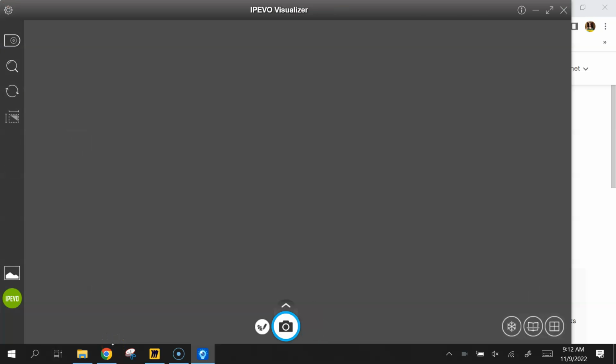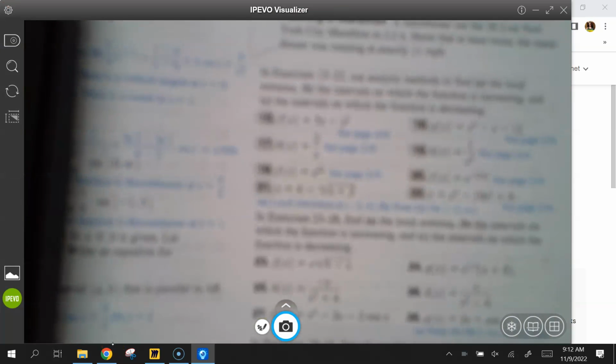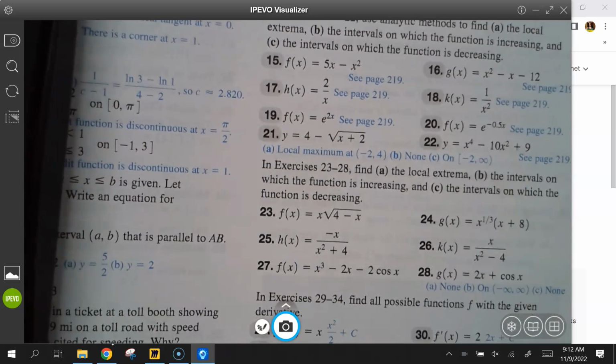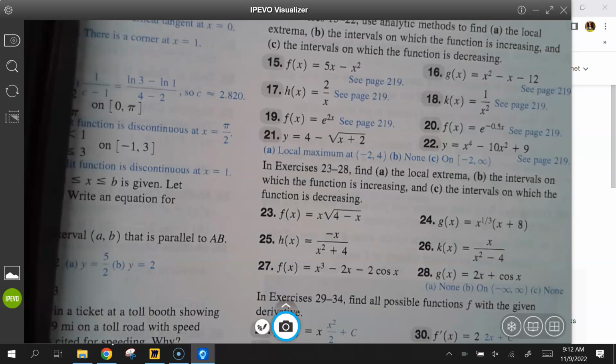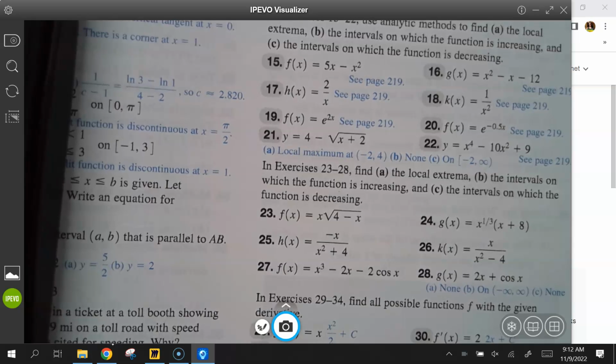All right, so 27, look at this nasty, nasty equation, right? Since I'm trying to find local extrema and increasing and decreasing, what I really need to find is where my derivative is 0, because that's going to help me test.